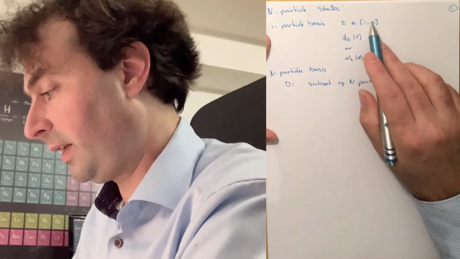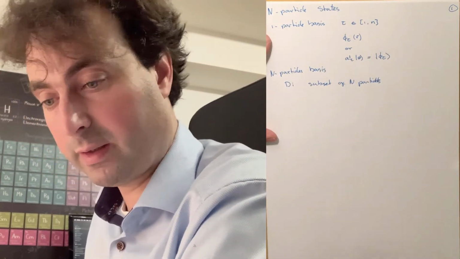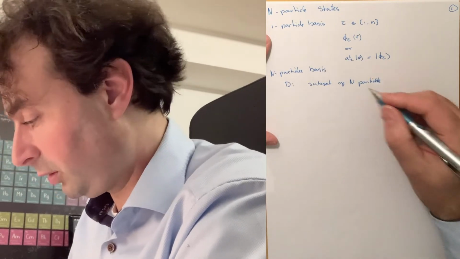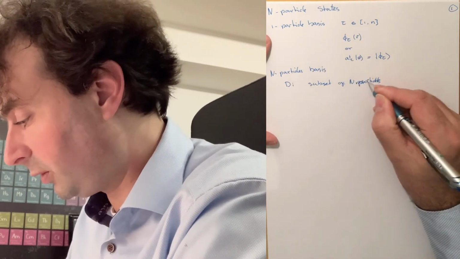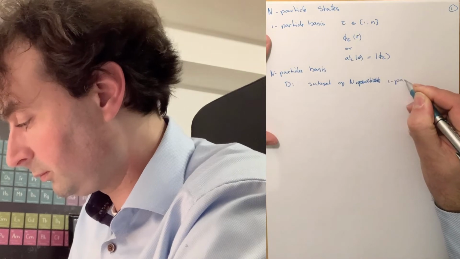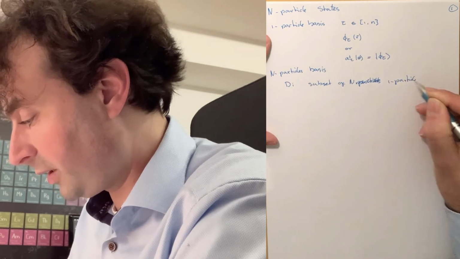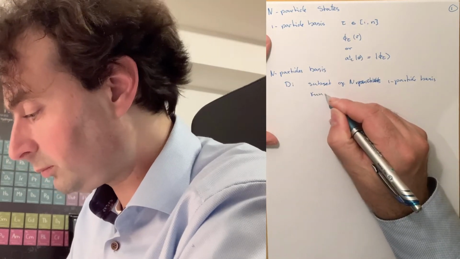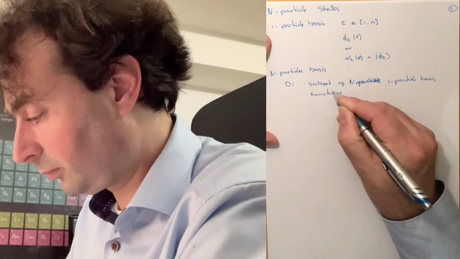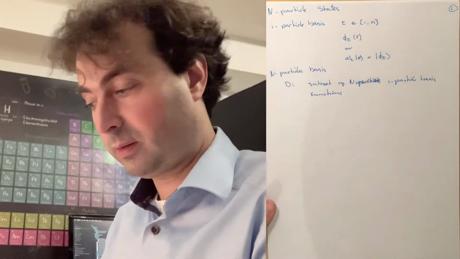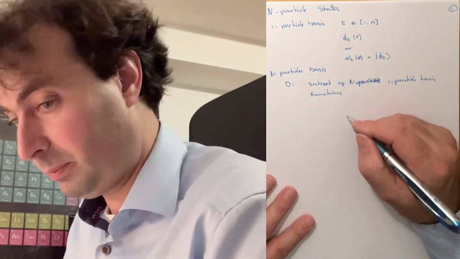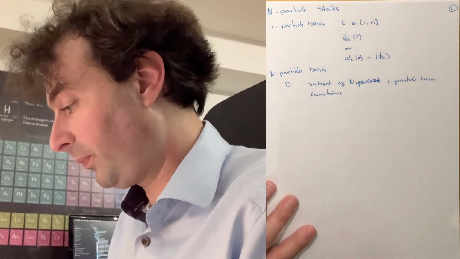So we do not take all small n, but we only take capital N, or a subset of n one-particle basis functions from the small n possible basis functions that we have.